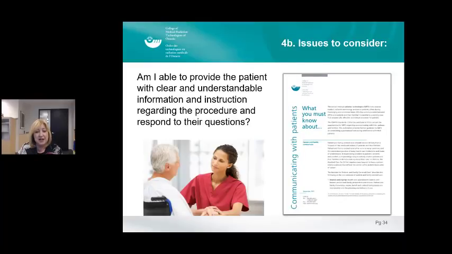Another issue to consider: am I able to provide the patient with clear and understandable information and instruction regarding the procedure and respond to their questions? So we have a What You Must Know About communicating with patients. And this is really important. Communication is one of the most difficult things to do in healthcare.